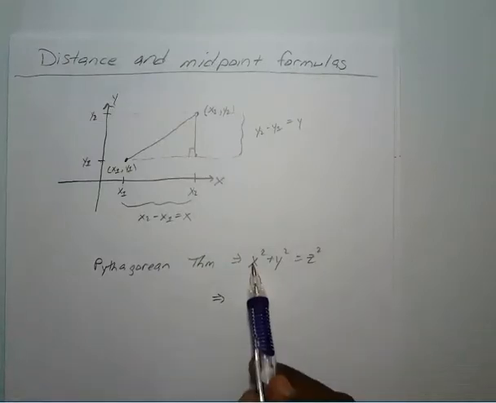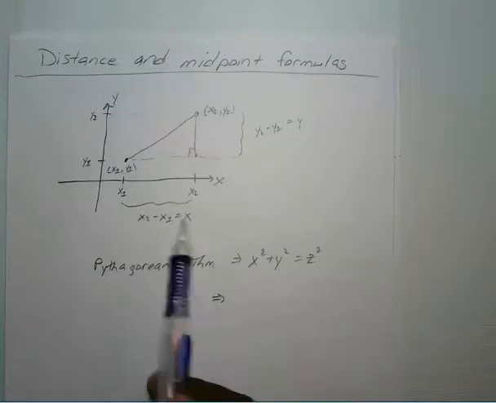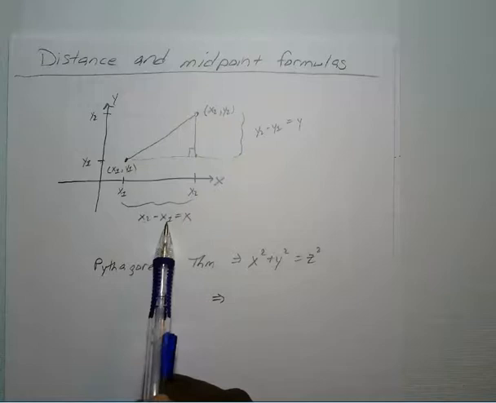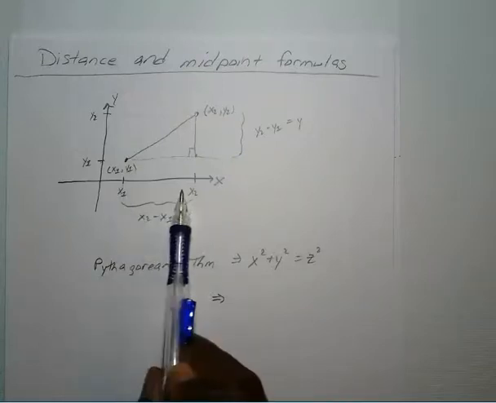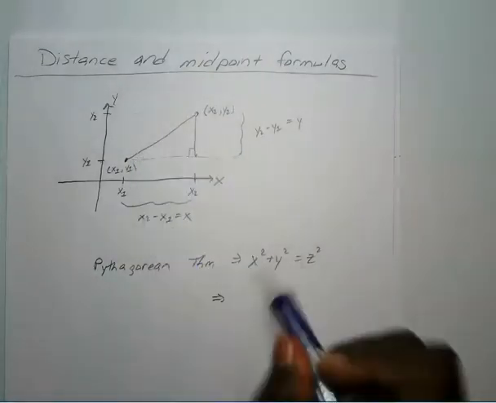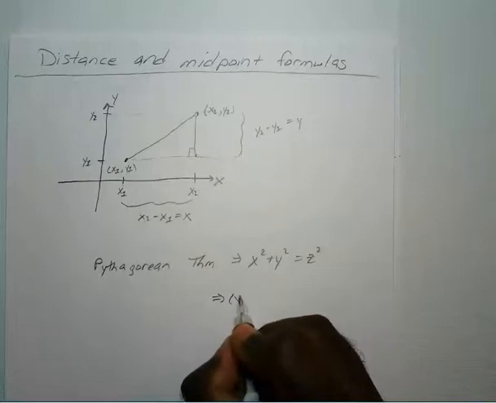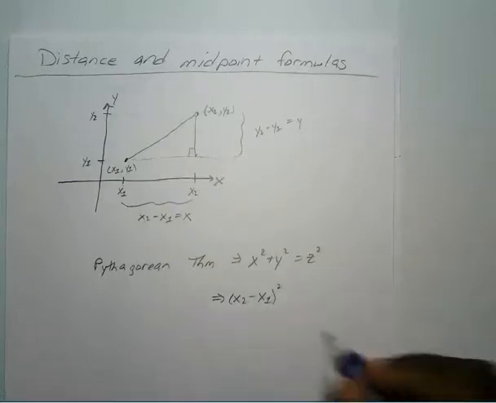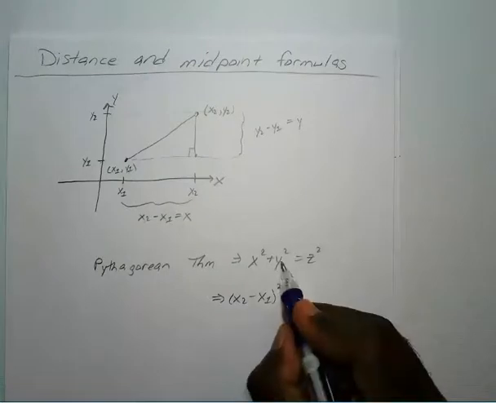Okay, so we have our x squared, but instead of x squared, we're going to use x2 minus x1 squared because we don't have an x value. We just have those 2 points. Same with the y.